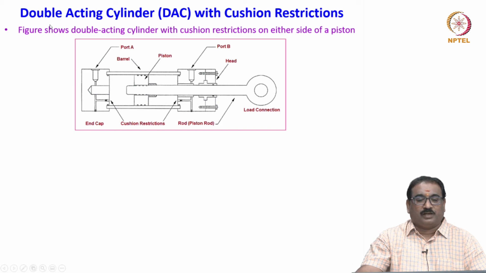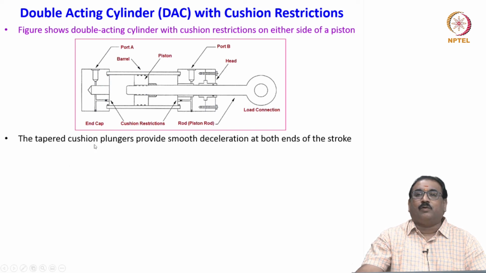Now, I will show you the double acting cylinder with the cushion restrictions on either side. You will see here the cushion restriction arrangements they made in the two end caps, the cap end and the rod end cap. Okay, here it will enter. Now, we will see this.